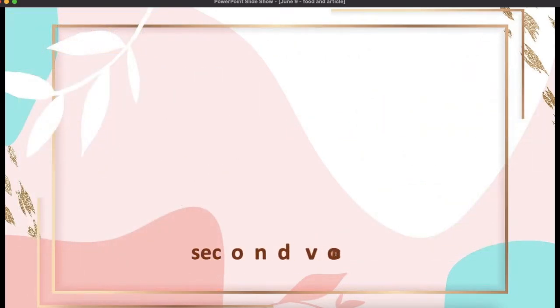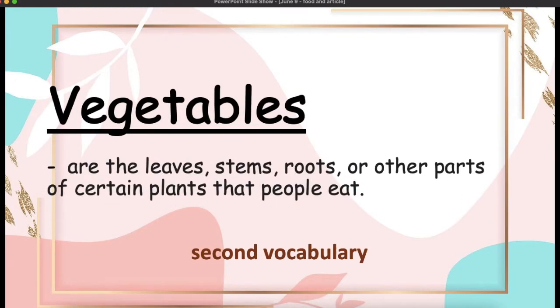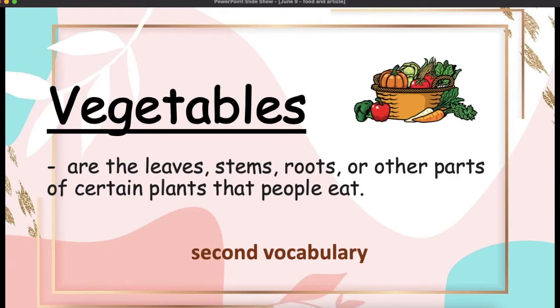Now, going back, our second vocabulary is vegetables. These are the leaves, stems, roots, or other parts of certain plants that people eat. Examples are carrots, tomato, broccoli, corn, cabbage, lettuce, and there's a lot more.